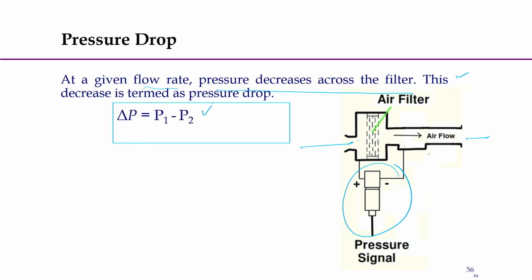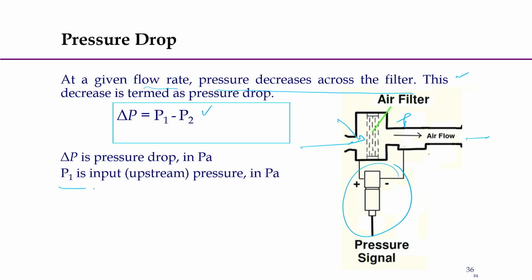Delta P: P1 is the pressure on the upstream side and P2 is on the downstream side, the input pressure and output pressure. There has to be some pressure drop, because without a pressure drop air will not flow. Air flows from higher pressure to lower pressure, and as we increase the air flow rate, the pressure drop will increase. That is okay, but the pressure drop should not be too high.